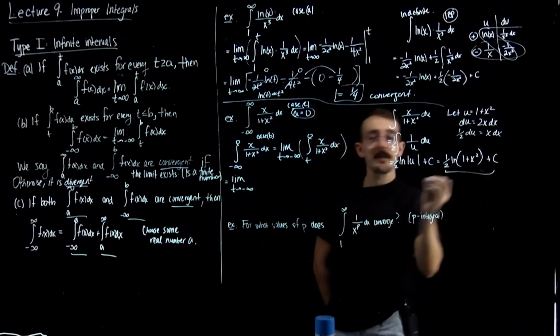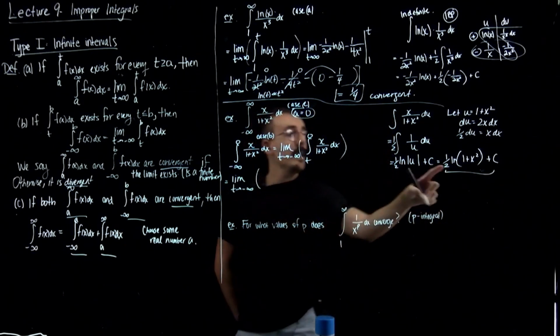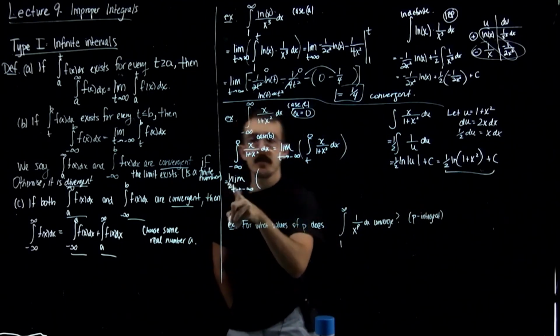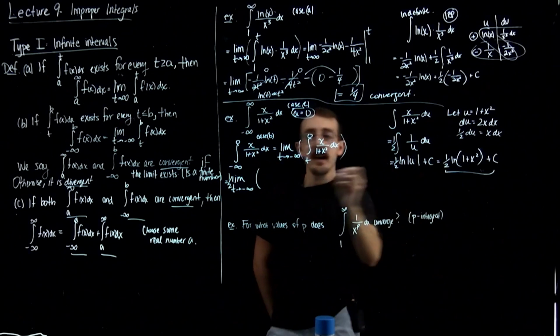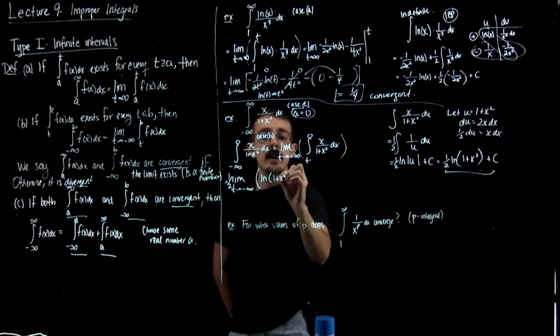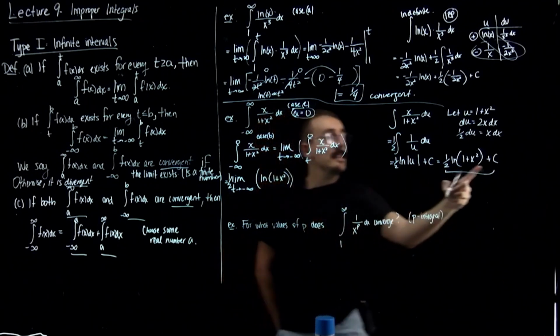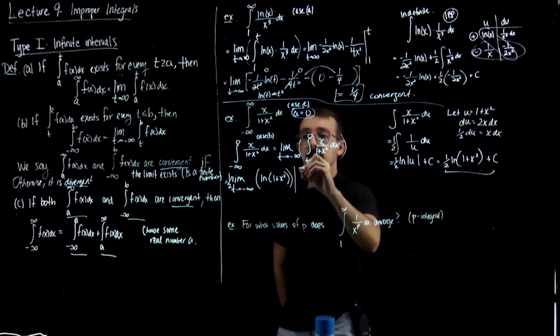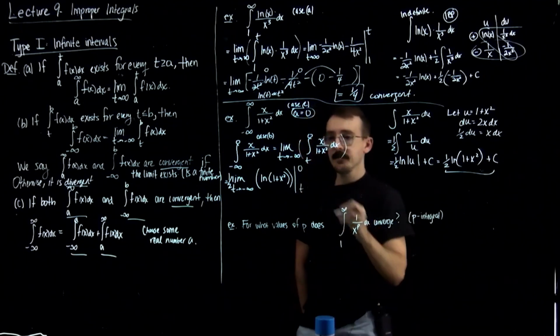It's this, so I'm just going to fill it in. The 1/2, bring it out front because it's a constant, out front from the limit. And then I have ln of 1 plus x squared. The plus c is not necessary anymore because now I'm doing a proper integral. It's going from t to 0.